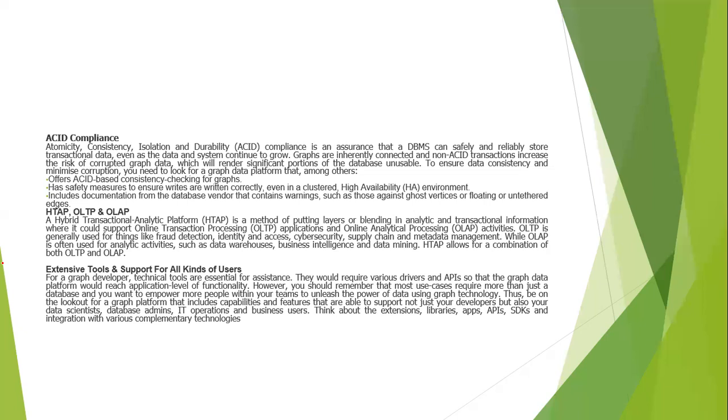By doing this, we can identify fraud detection, access and cyber security, supply chain and metadata management through OLTP, online transaction processing. Online analytical processing is often used for analytics activities such as data warehouse, business intelligence, and data mining. HTAP allows for a combination of OLTP and OLAP.